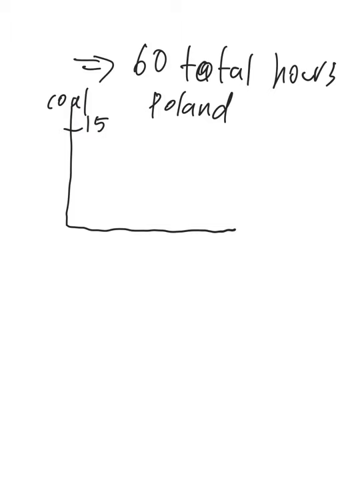Okay, it's got 60 total hours. If all those hours were devoted to producing coal according to the way the question is written, the maximum amount of coal Poland can produce is 15, 4 hours per ton. And Poland requires 10 hours of labor to produce 10 bushels of wheat. 10 hours to produce 10 bushels, that means 1 hour to produce 1 bushel.